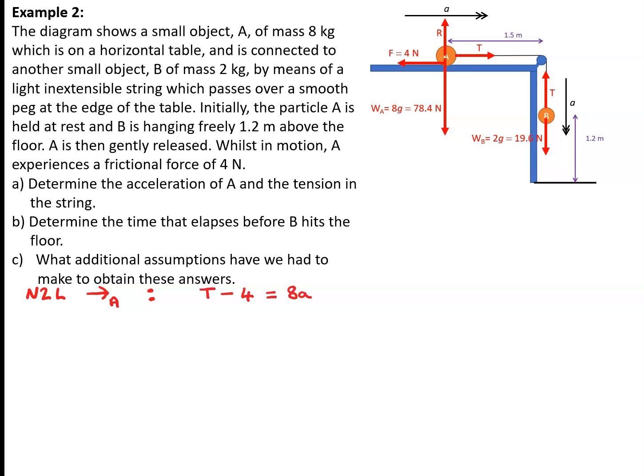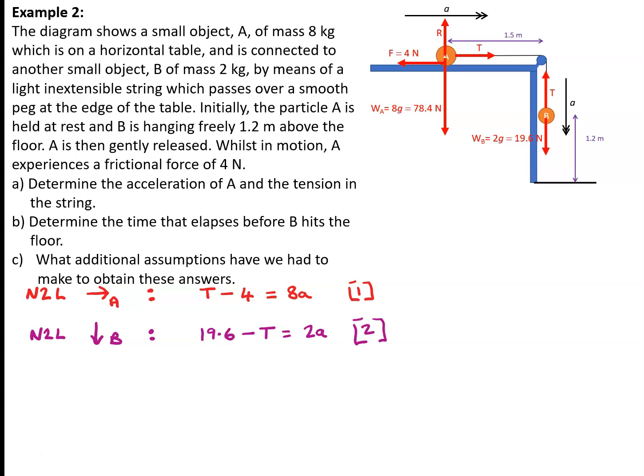So we've got T minus 4 must equal 8a. And we can apply Newton's second law vertically to B. The resultant force downwards is WB minus T, and that must equal 2 times a. In other words, we've got 19.6 minus T must equal 2a. So there's my second equation.